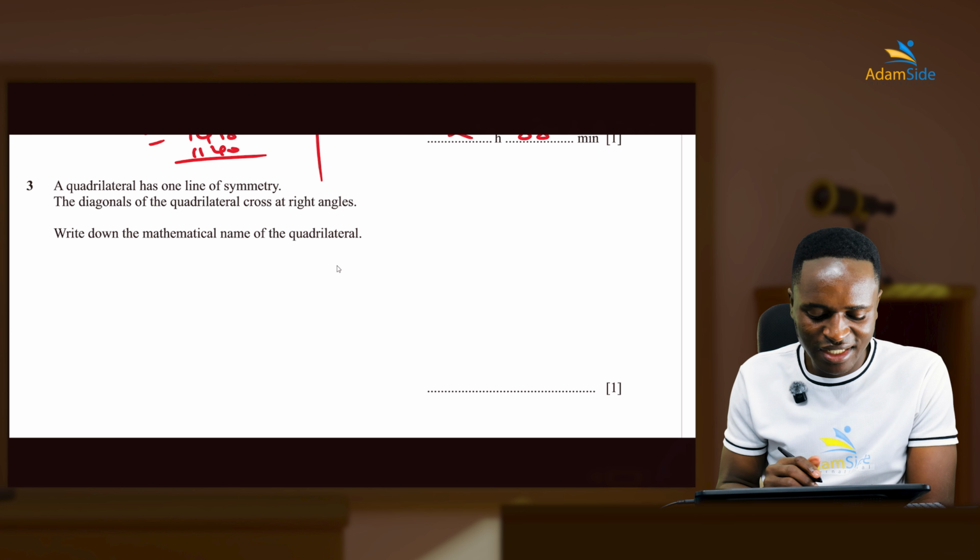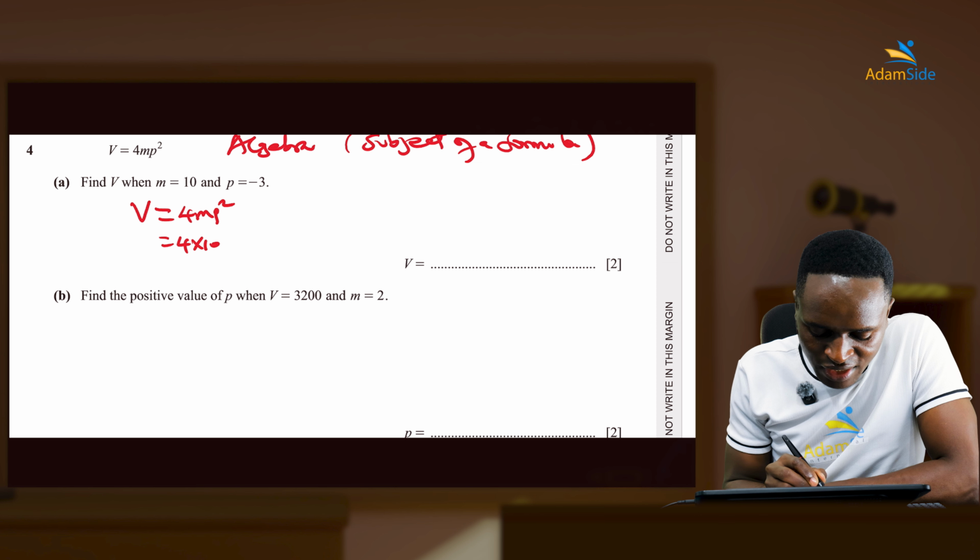This one is very simple. The topic here is algebra, and here it is subject of a formula. They want you to know how to solve questions that involve the subject of a formula. Volume is 4mp squared, so we solve an equation for V, where V is the subject, m is 10 and p is negative 3.